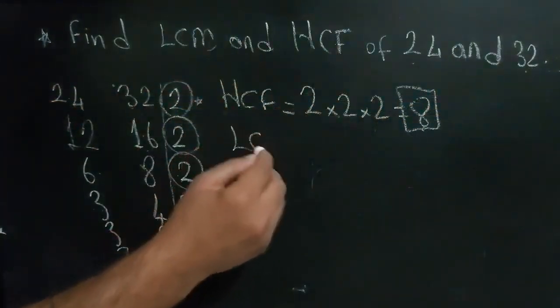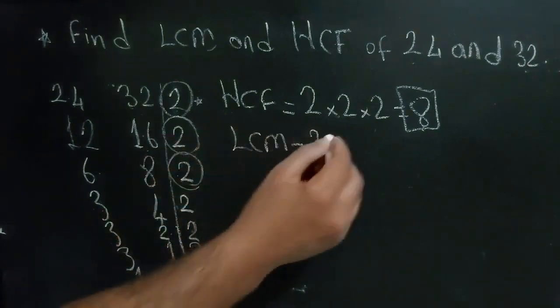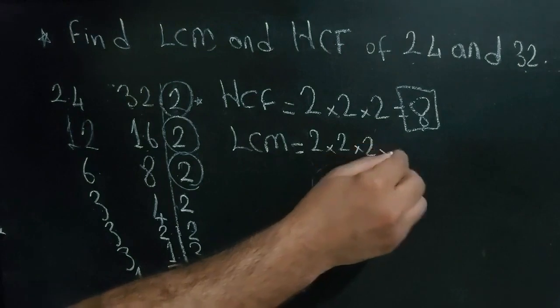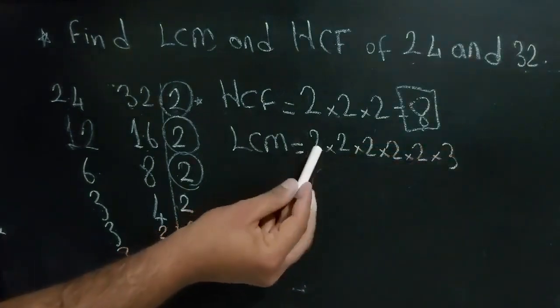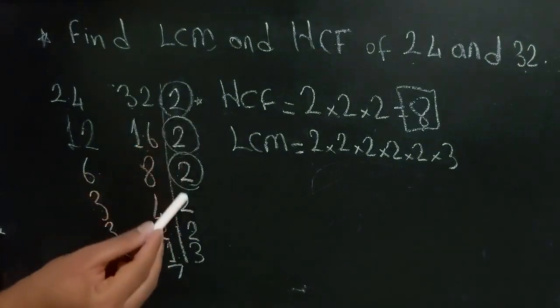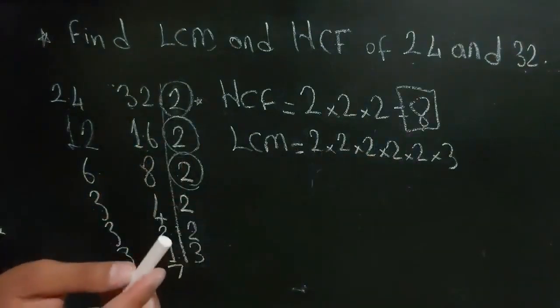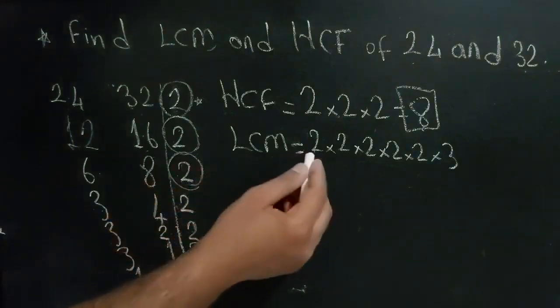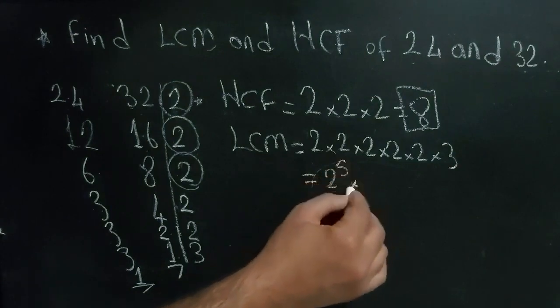For LCM, you multiply all those numbers to each other. 2 times 2 times 2 times 2 times 2 times 3. 1, 2, 3, 4, 5. You can write, of course, instead of this, 2 power 5 times 3.